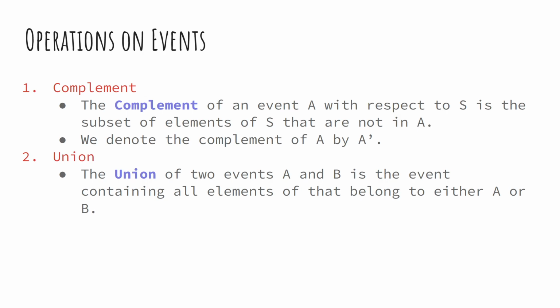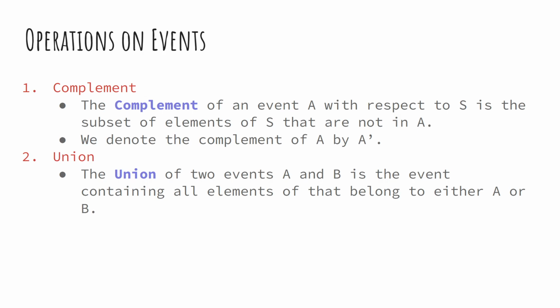For example, if you take the union of the set of students who got O grade and the students who got A and A plus grade, what you'll get is the set of all students who got above 70 or 75%, whatever that cutoff is over there.